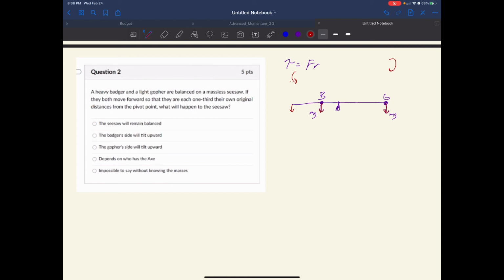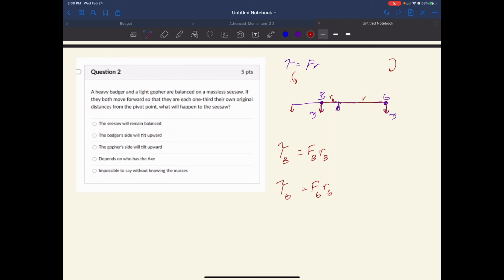All right, so let's get down to the nitty-gritty here. The torque that the badger produces is equal to the force of the badger downward times the radial distance away of the badger. Let's call this R sub B. You know that the torque that the gopher produces is going to be the force of the gopher's weight times the radial distance away of the gopher.